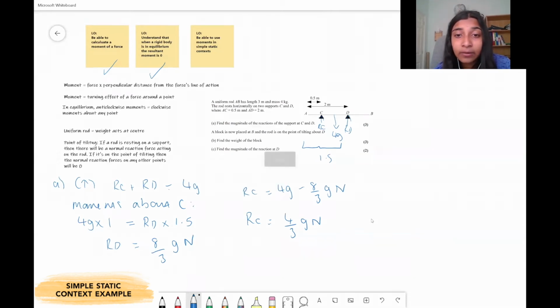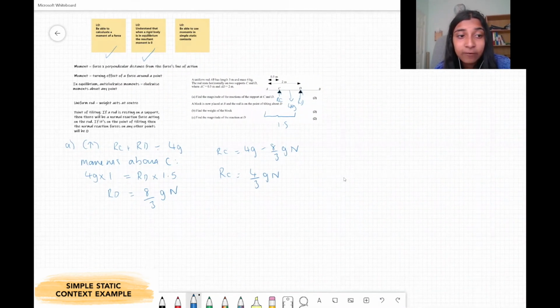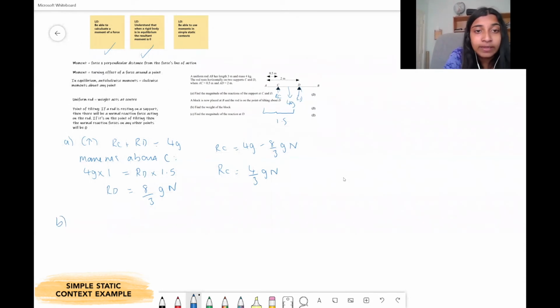Now we move on to part B. It's saying a block is now placed at B and the rod is on the point of tilting about D. If we redraw our diagram, we'd have A here, B here, and a block is now at B, so we have a block here, and we want to find this weight here.